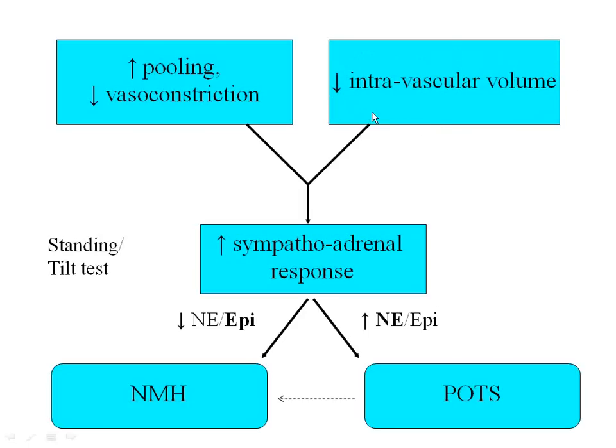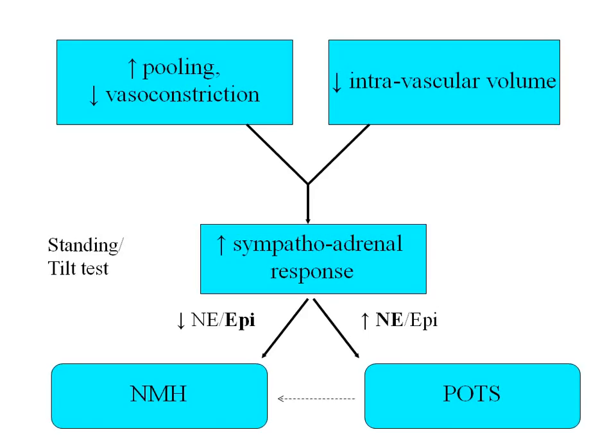This is then made worse if they happen to get dehydrated with vomiting or an illness that doesn't allow them to drink much. If you have these two problems and then you stand up or undergo a tilt test, you get what David Goldstein at the NIH calls an increased sympathoadrenal response, sympatho for the sympathetic nervous system, adrenal for the adrenal gland and its production of epinephrine and other hormones.